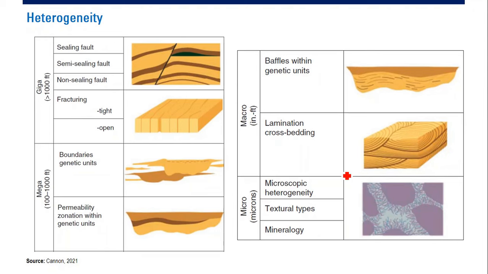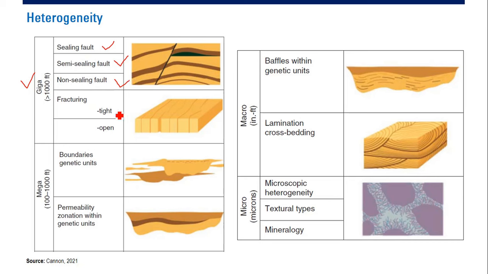Reservoir is very heterogeneous because of many reasons. For example, at giga scale, we have heterogeneity because of sealing fault, or maybe semi-sealing fault, or even non-sealing fault. It will make the condition heterogeneous, and it will make the analysis more difficult. It will make simulation, modeling, and evaluation more difficult. But that's our challenge.